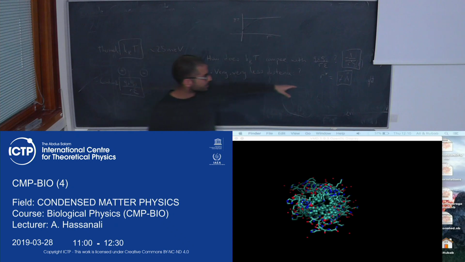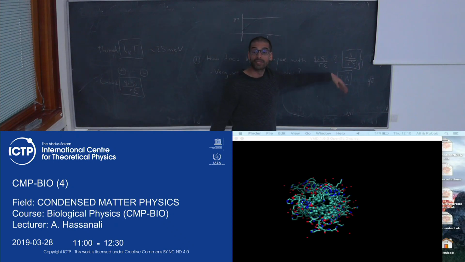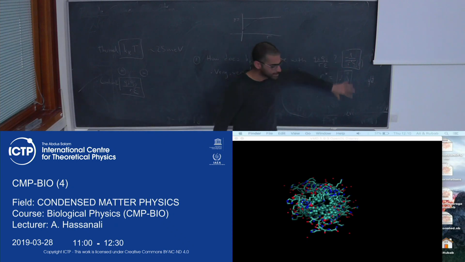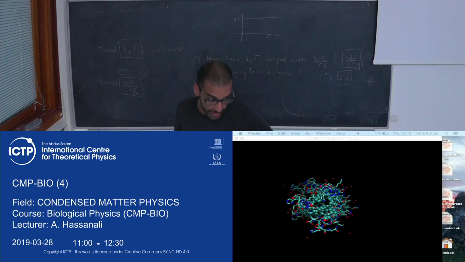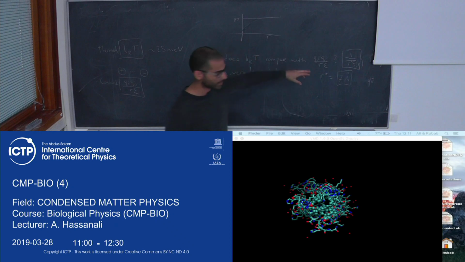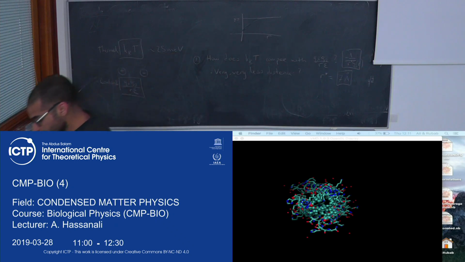So this length may increase a bit. But effectively, we're again at the nanometer length scale where electrostatic energy can get much larger than thermal energy, and that can be very, very important.